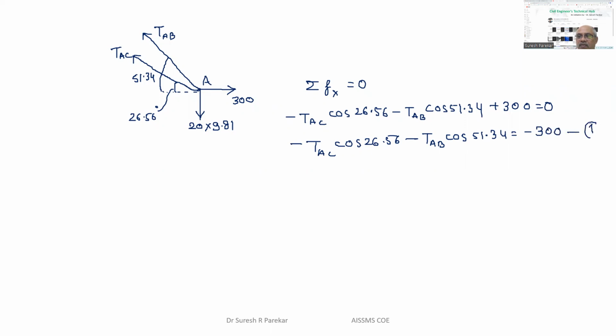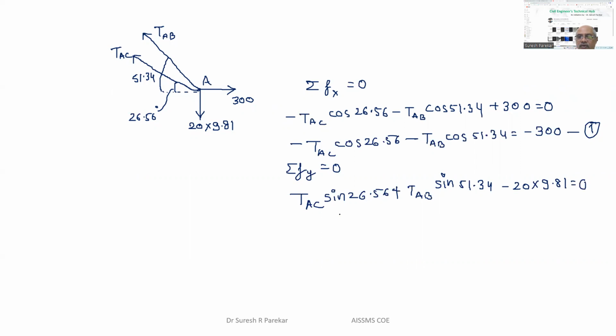This is equation 1. And then another equation we have Fy equal to 0. So we have TAC sin 26.56 plus TAB sin 51.34 minus 20 into 9.81 equal to 0.